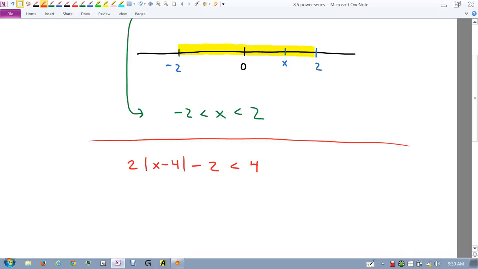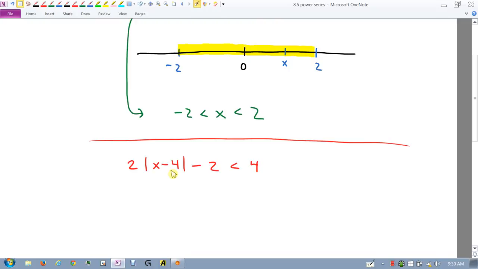Kind of give you a more interesting illustration here. So what we want to do is rewrite this kind of like we did here, right? So we treat the absolute value almost like a variable, and we try and isolate it first. So what should I do to isolate that absolute value?